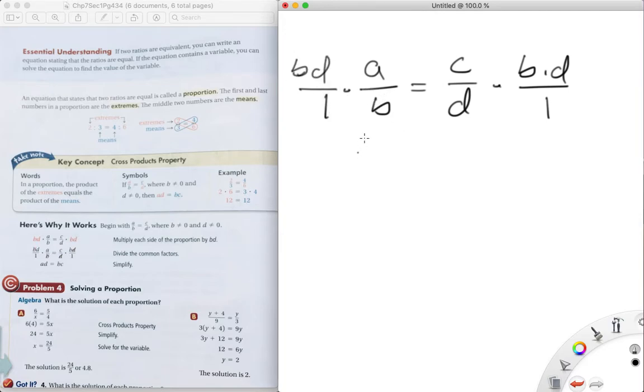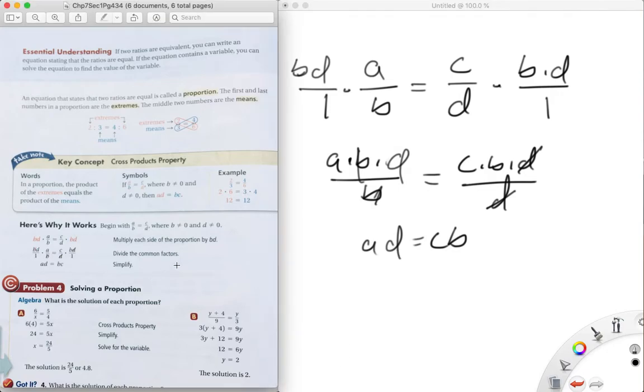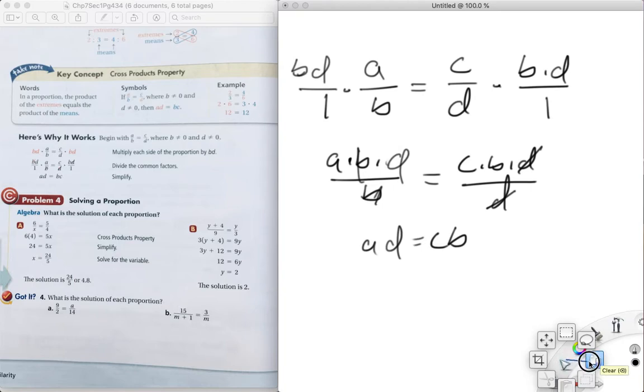Alright, so when I multiply this, I'm going to have A times B times D on this side over B, and I'm going to have C times B times D over D on this side. The D's cancel. And I have AD and I have CB. And this is the cross products. AD equals CB. Alright. Cross multiply to solve some stuff.